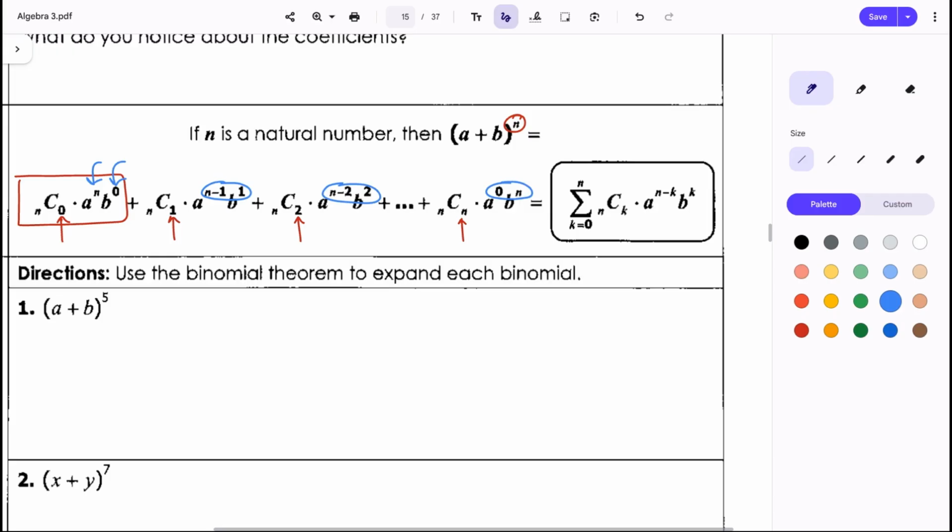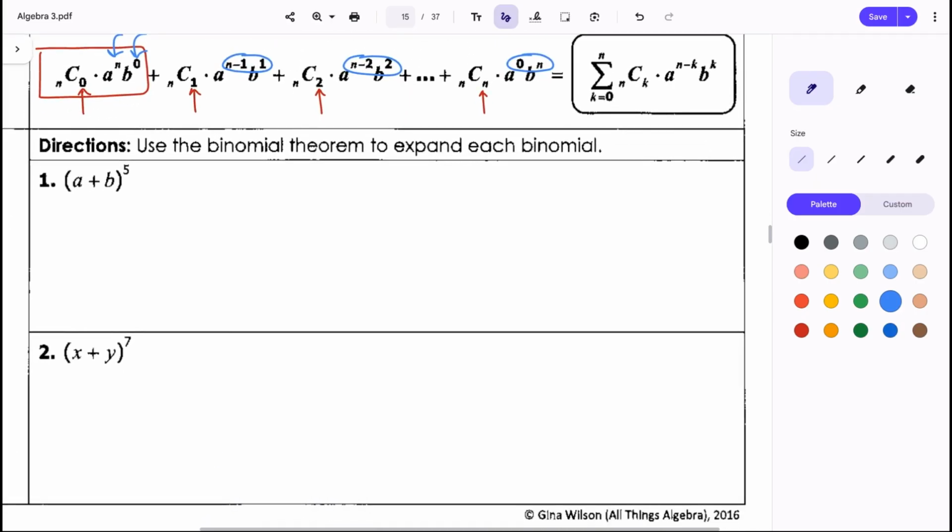So I'm not going to make you guys use the combination form. I just wanted to show you what that looks like and where it comes from and how it ties into this unit. What I'm going to show you is what we did last year in Algebra 2 with Pascal's triangle. How can I use just Pascal's triangle and the terms that I see and basically use this pattern without having to do a whole bunch of combinations?